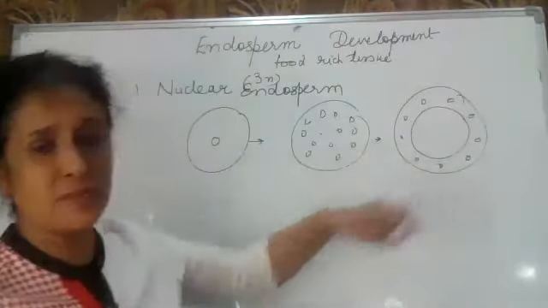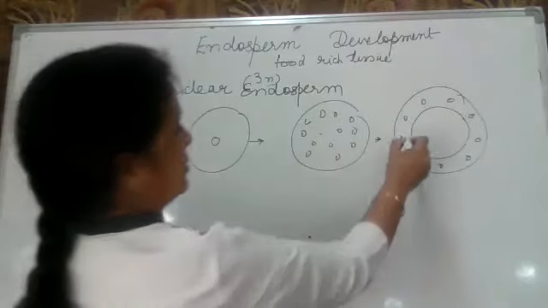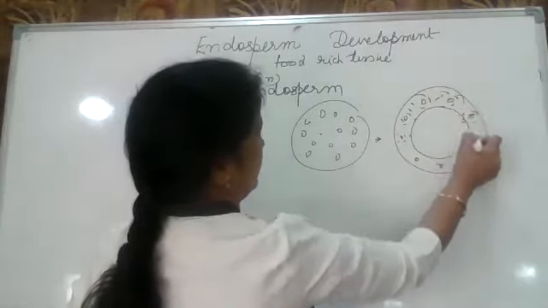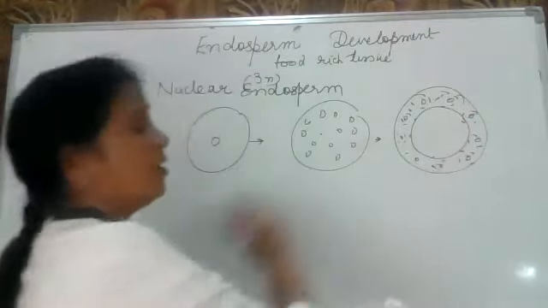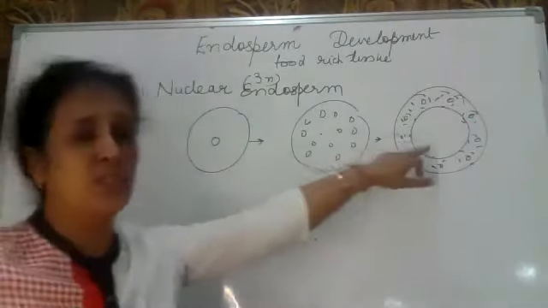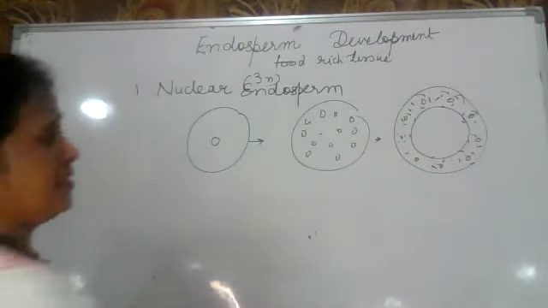Now the cytoplasm starts condensing. When the cytoplasm starts condensing, the vacuole starts decreasing in size.